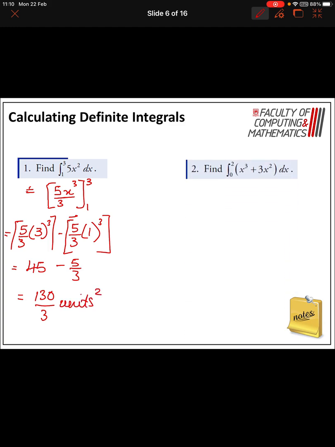Okay, so the second one looks a bit trickier. Again, I'm going to take each term separately. So add 1 to the power, divide by the new power, add 1 to the power, and divide by the new power. 3 over 3 is just 1. And there's my limits, 0 and 2. So now I'm going to substitute in the 2, my upper limit first.